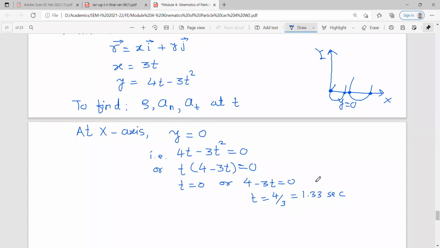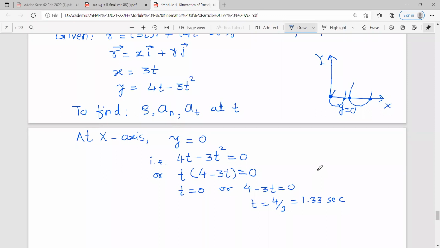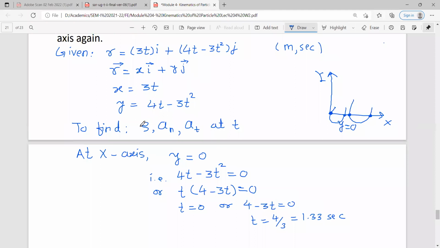Now tell me, have you understood up to here? Did you get it? Sir, could you explain this once again? See, what we have to find: radius of curvature, normal component of acceleration, and tangential component of acceleration at a specific time, when the particle crosses the x-axis again.